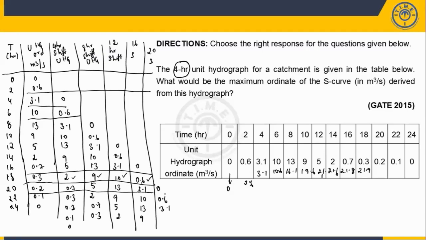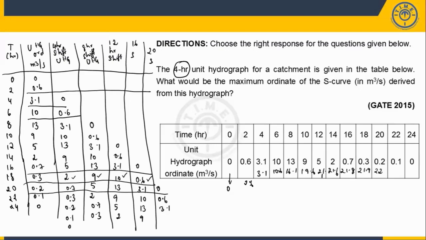Next summation. 0.9, 5.9, plus 13, 18.9, plus 3.1, 22.